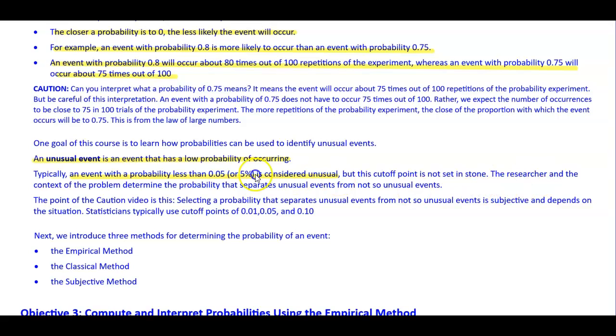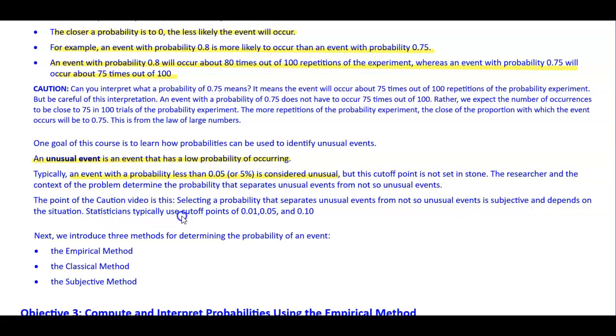The researcher, in the context of the problem, determines the probability that separates unusual events from not so unusual events. The point of this caution is this: selecting a probability that separates unusual events from not so unusual events is subjective and depends on the situation.